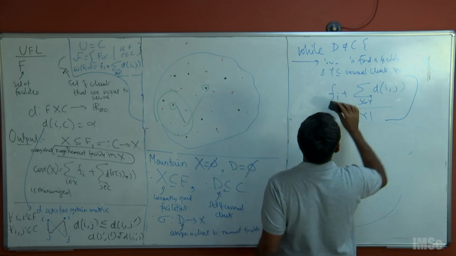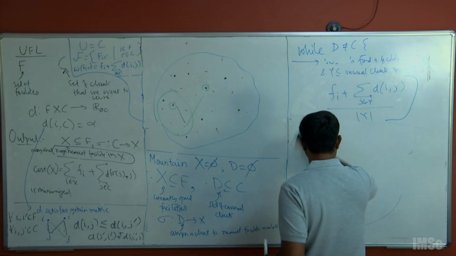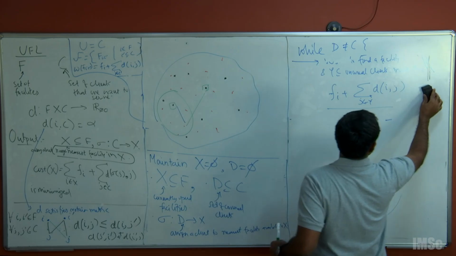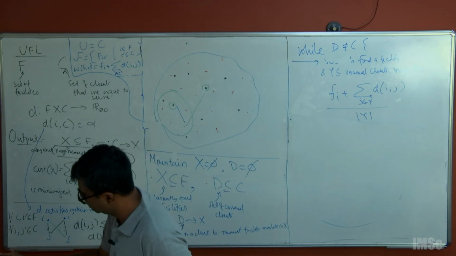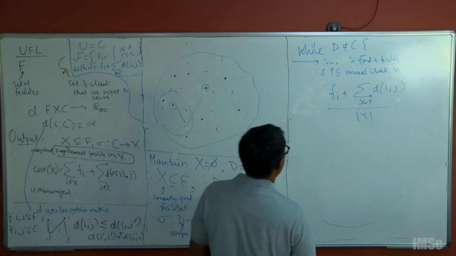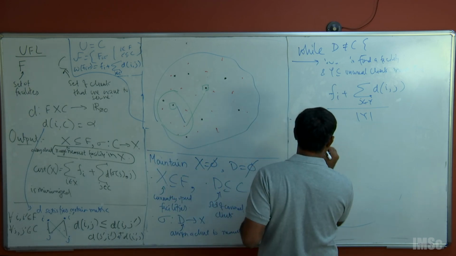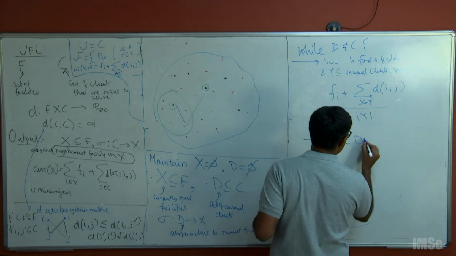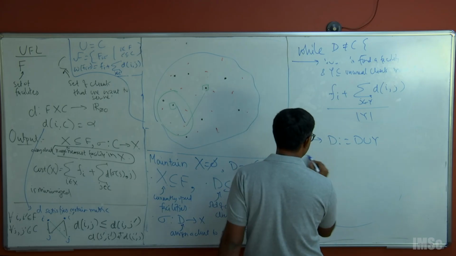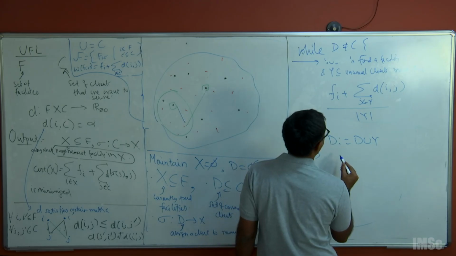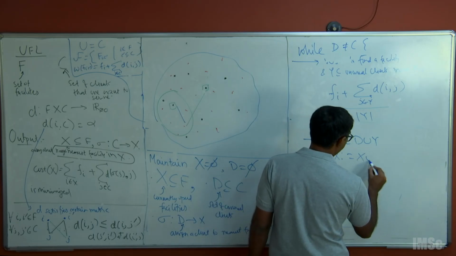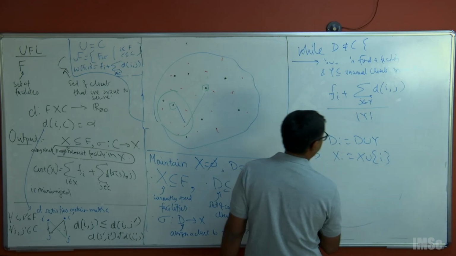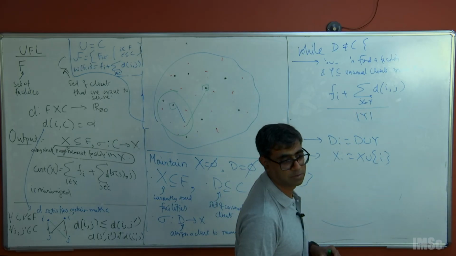I will do the same thing. Basically, this is the same algorithm, more or less exactly the same. As I wrote, D was D union Y, and X was X union I. This is fine, but I want to do something more to my cost function.